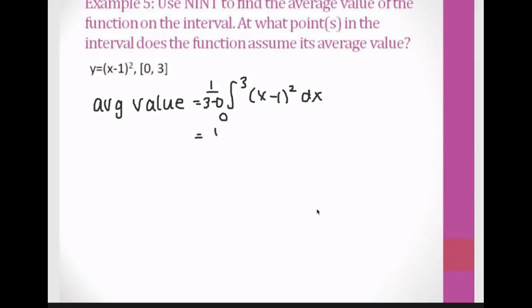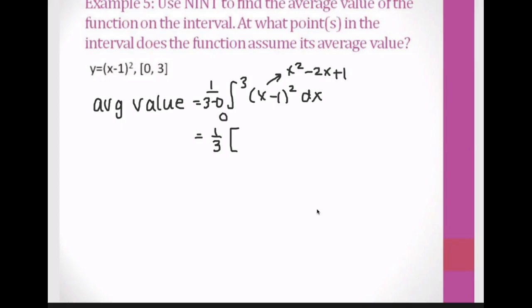So it's 1/3. Take the inverse power rule, but the only way to take the inverse power rule is to have FOILed x minus 1 squared, because we don't have a chain rule for integration yet. So that's x squared minus 2x plus 1.